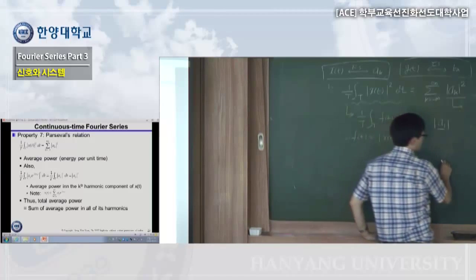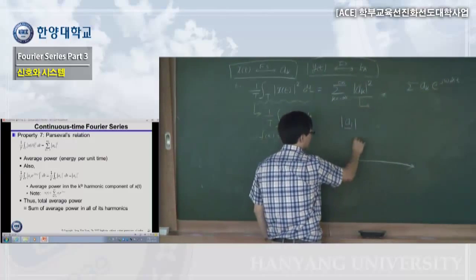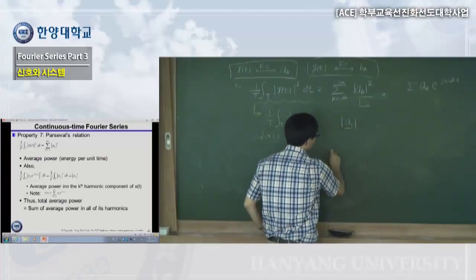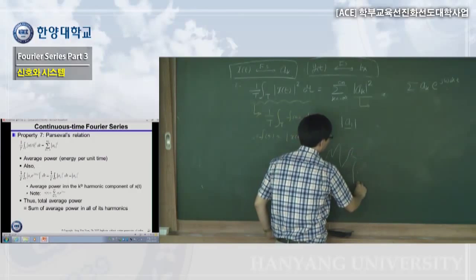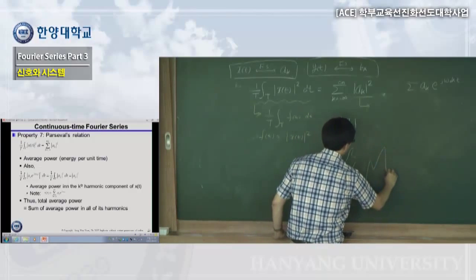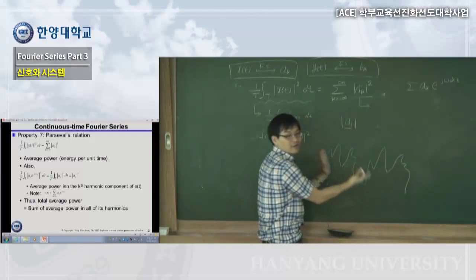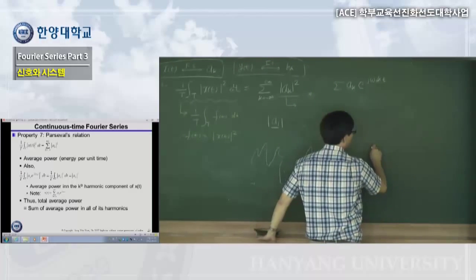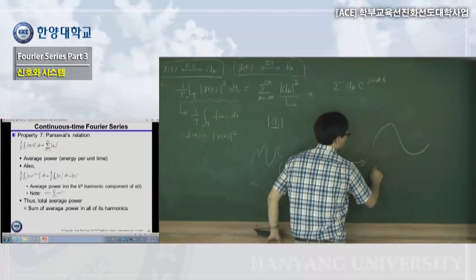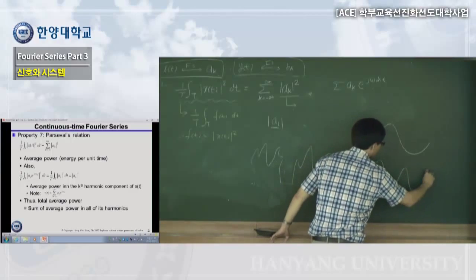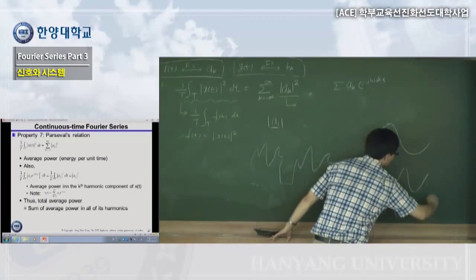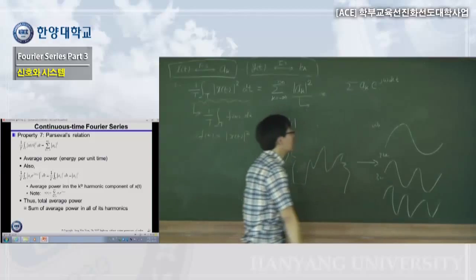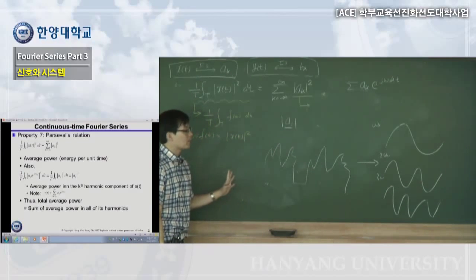Now we claim that there is an arbitrary repeating signal, and in Fourier series we can divide it into fundamental frequency omega 0, 2 times omega 0, 3 times omega 0, and so on.